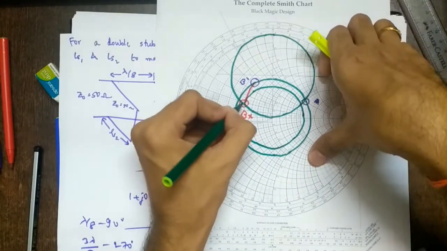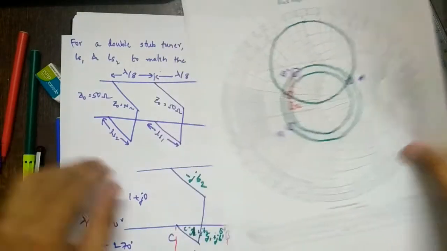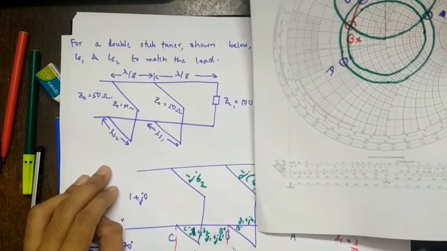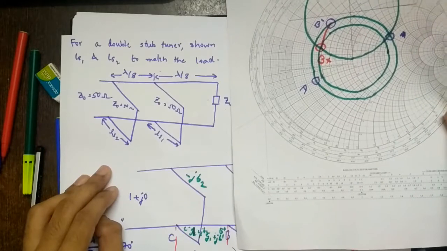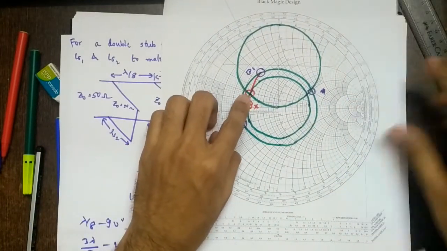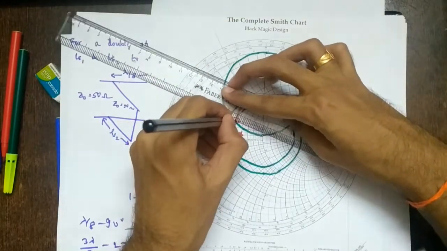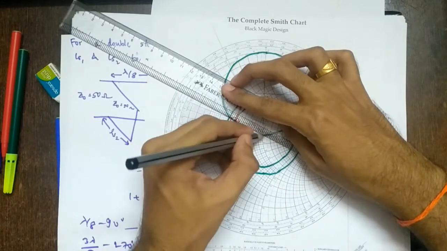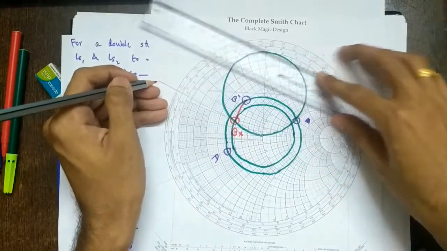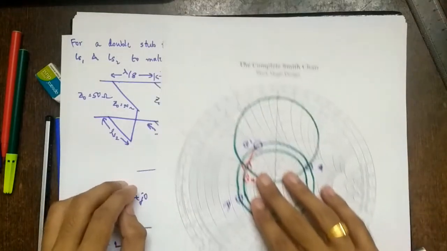So this is the VSWR circle corresponding to point B plus. So from B plus, we have to move a distance of 0.125 lambda away from the load, that is towards the generator, so clockwise.